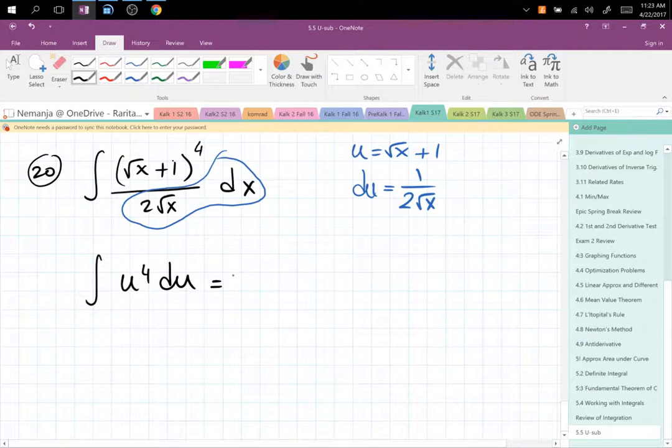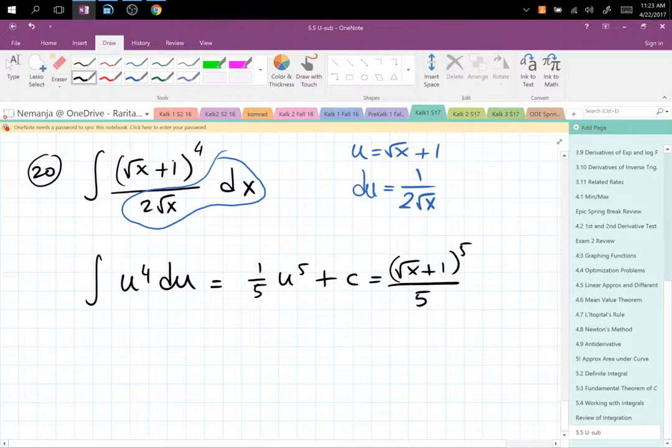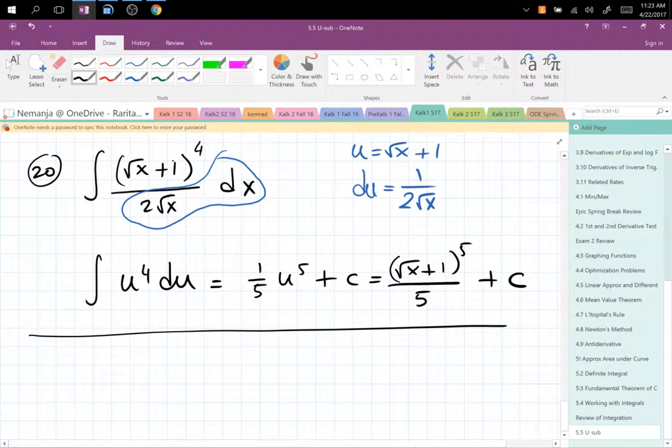So the entire problem that was really looking bad to begin with becomes just 1/5 u to the 5 plus c, which I can write as root x plus 1, everything to the 5, over 5, plus c. That was problem 20.